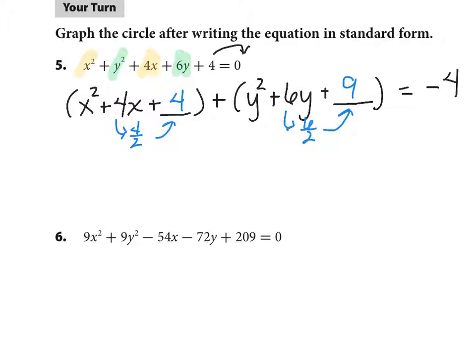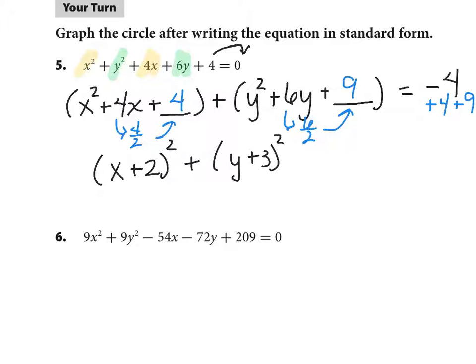Now I just added a 4 and a 9 to the left side, so I have to add a 4 and a 9 to the right side to keep that equation balanced. Let's factor. We get x plus 2 quantity squared and y plus 3 quantity squared equals 9.